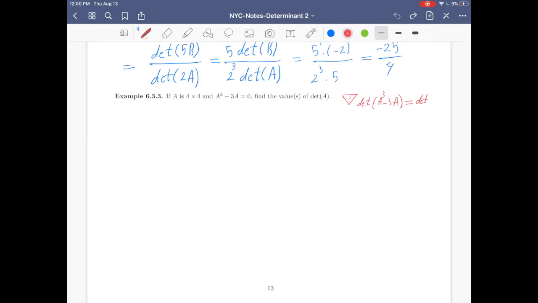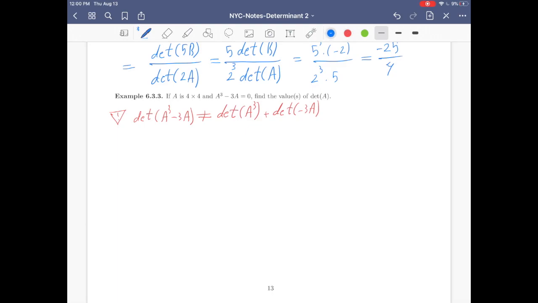Oopsies. There's no space there. Not a good idea. So be careful: the determinant of A cubed minus 3A is not necessarily equal to the determinant of A cubed plus the determinant of minus 3A, or minus the determinant of 3A, anyways.